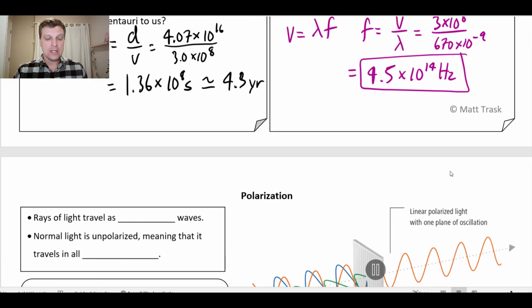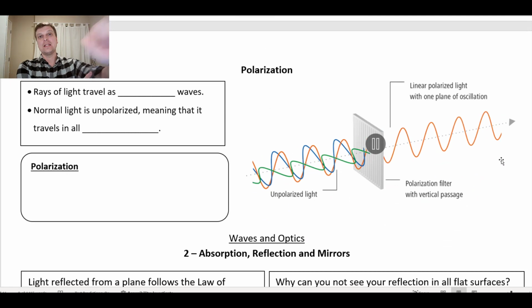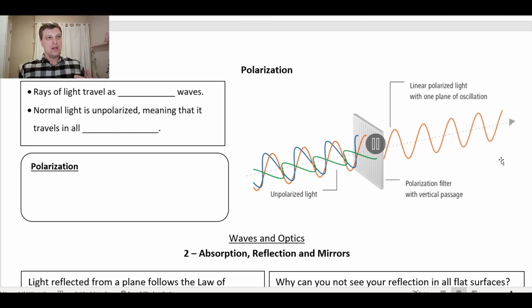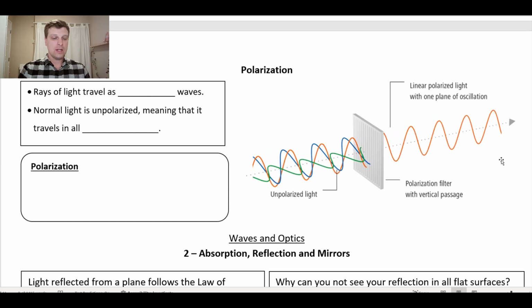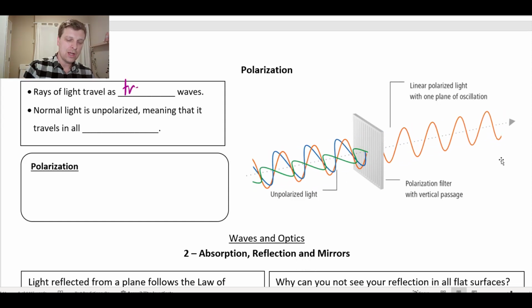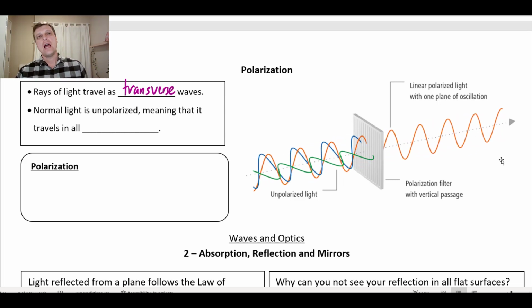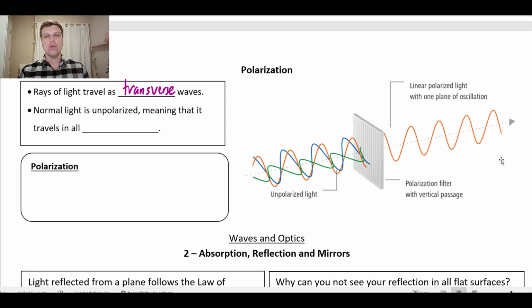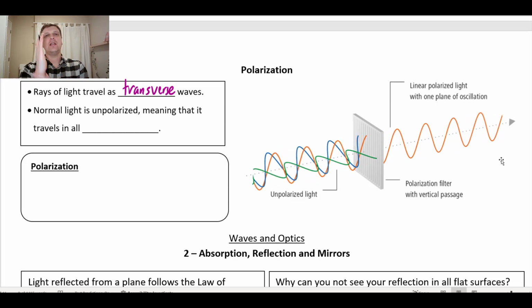All right, so let's talk about one last thing before we finish up, and that is polarization. This is a neat feature of light. So we know that light travels as a transverse wave. Now normal light is unpolarized, and what we mean by that is that it is traveling not just in one plane.